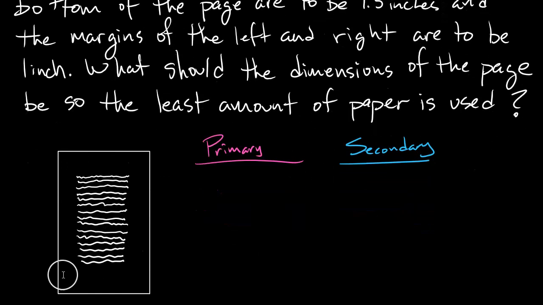So I drew a terrible picture of a piece of paper with print on it. This problem is trying to say that this print is 24 square inches. Oh, certainly I can scroll back up.